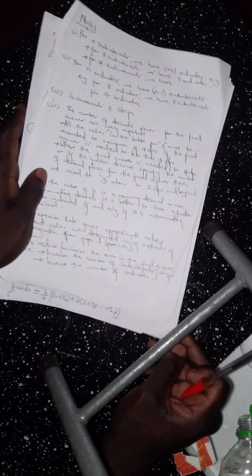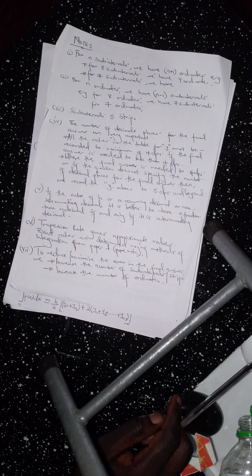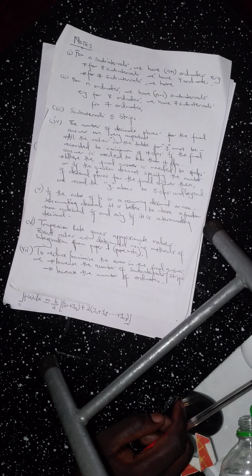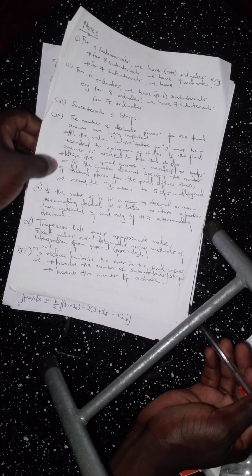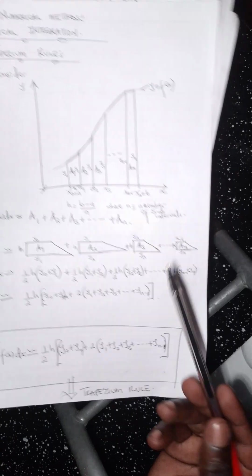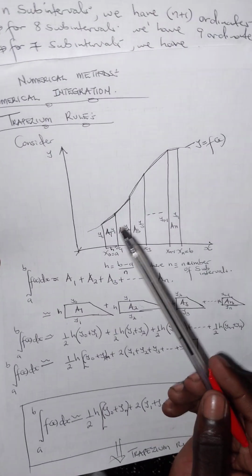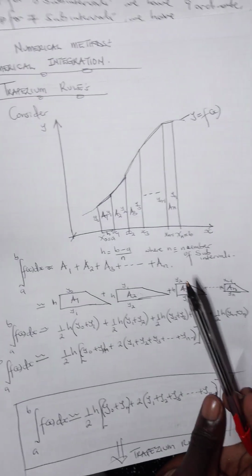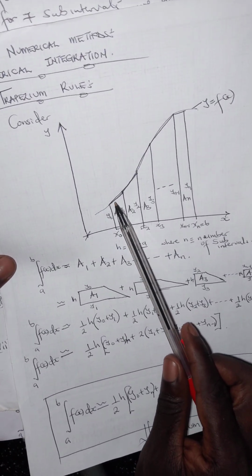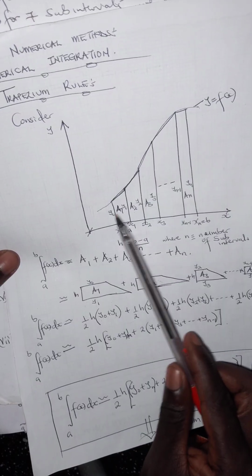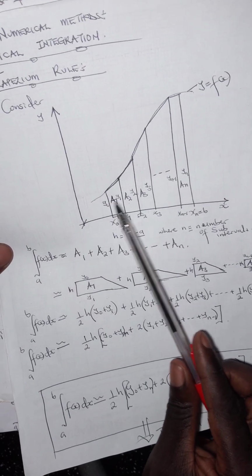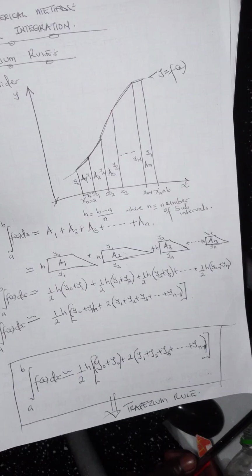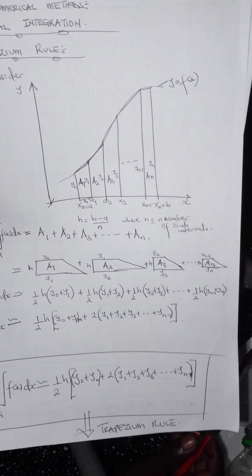Then the last note is about improving accuracy. If you want to improve the accuracy or minimize the error in your final answer, these are the trapeziums that we have drawn. If you want to reduce these spaces which are excluded and also included, you draw these lines as close as possible to one another. If you draw them as close as possible, it means you are creating many sub-intervals or strips.